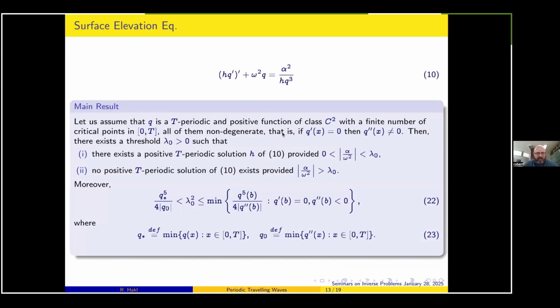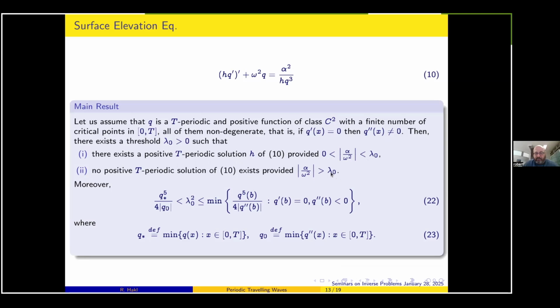And so we can formulate our main result. If q is sufficiently smooth, of the class C2, and its critical points are non-degenerate, that means that if q prime at the point x equals 0, then the second derivative is different from 0, then there exists a threshold lambda sub 0 such that if this fraction is less than this critical value, then there exists a positive T-periodic solution of this equation, and on the contrary, if it is greater, then there is no positive T-periodic solution.